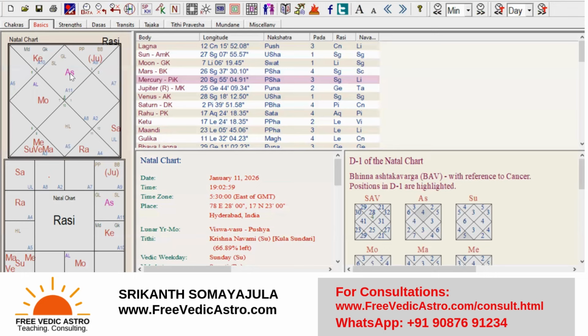No planet will give you a completely good result, and no planet will give you a completely bad result. It will give you both. It will be functional malefic or functional benefic based on the chart position? That is one thing. Second is based on the dasha. Yes, sir. Makes sense.